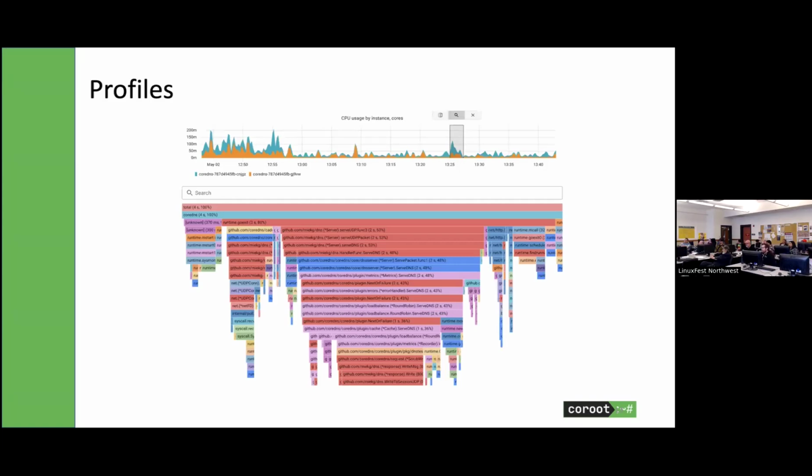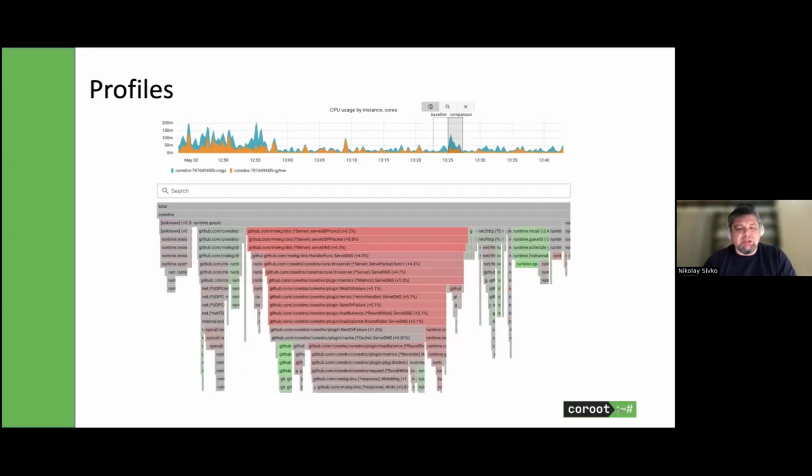Here is a typical way we can represent profiling data. It's a flame graph, and wider areas here mean more CPU time spent in the functions. And we can understand that in our case, this function consumed the majority of CPU time.